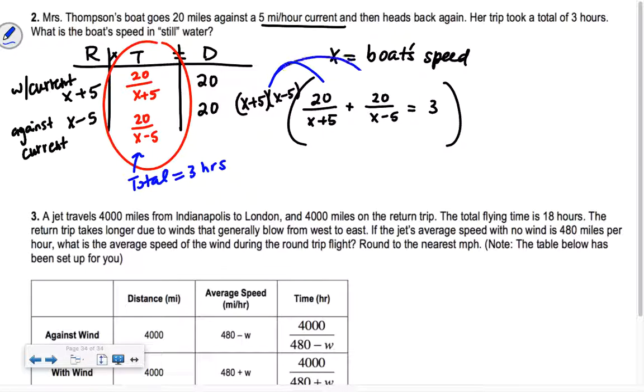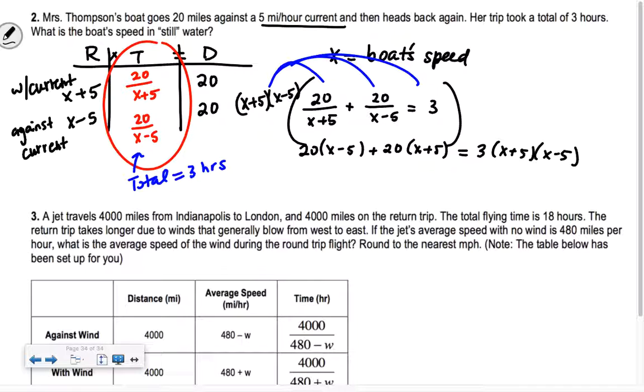All right, so it's going to go in like that. We're going to have x plus 5, x plus 5's cancel. So we get 20 times x minus 5. Plus x minus 5, x minus 5's cancel. So we get 20 times x plus 5 equals 3 times x plus 5 times x minus 5.